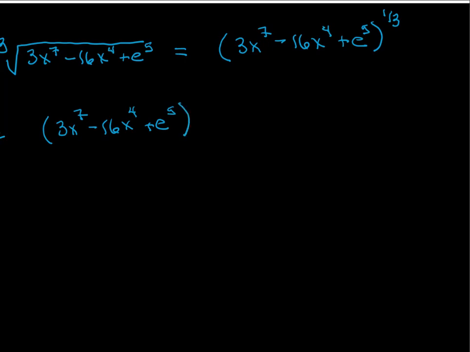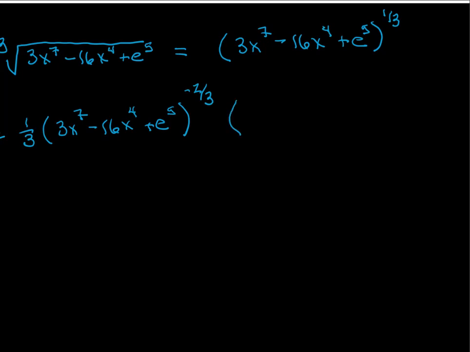It's on the inside. Now I'm going to do the power rule with the stuff on the outside, which means bring the exponent of 1/3 out front. And the new exponent is going to be reduced by 1. In other words, subtract 1. 1/3 minus 1 is the same thing as 1/3 minus 3/3, isn't it? 1/3 minus 3/3 is negative 2/3. Does that make sense?